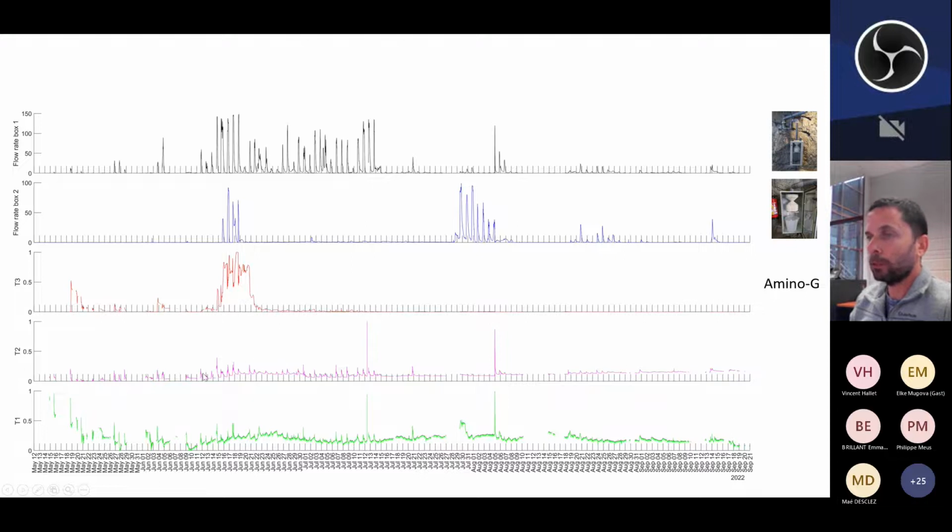Again, the two lower graphs are two other emission sensors for the fluorescent dyes, and we see a completely different signal, which is delayed compared to the amino G, and it continues even after the snowpack disappeared. So what we think we see is other sources of water that are not from this year's snow, and we are very curious about them. I hope maybe at next year's webinar I'll be able to show you where they come from.